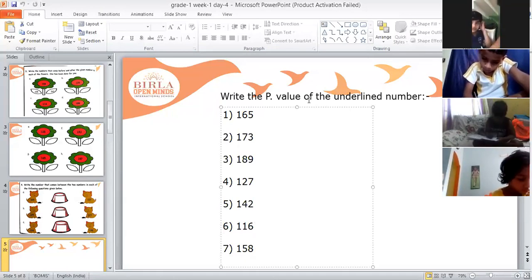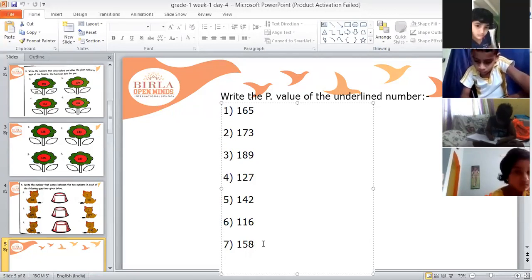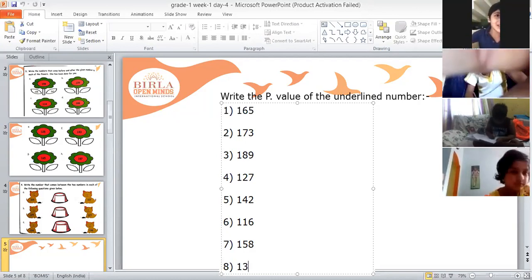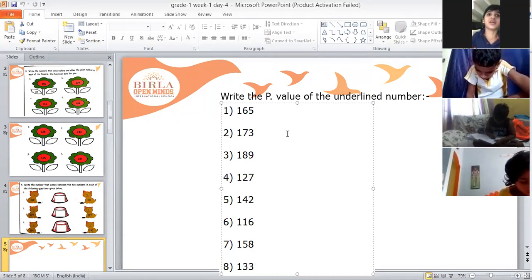That is bit A. Bit number 8. One hundred and thirty-three. The last number is 133, children.